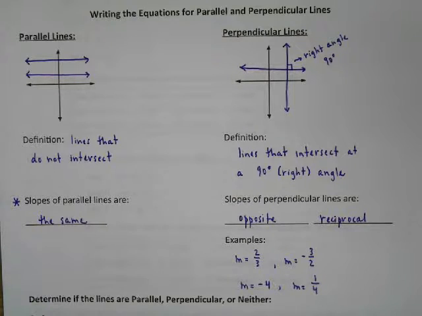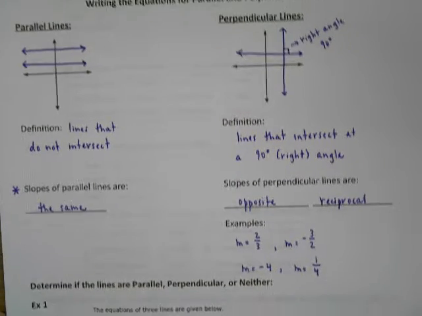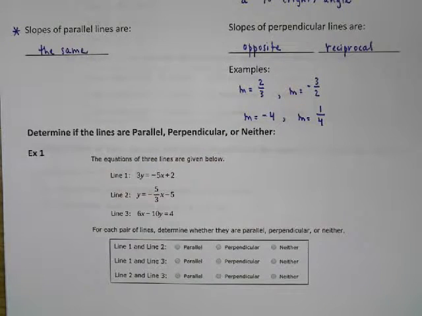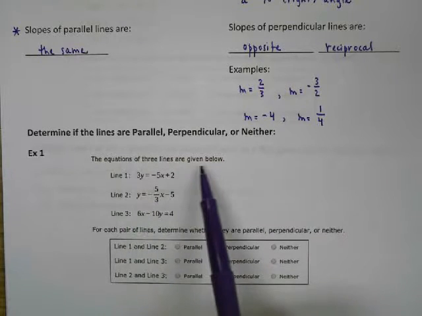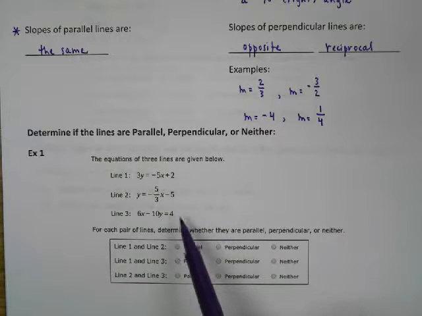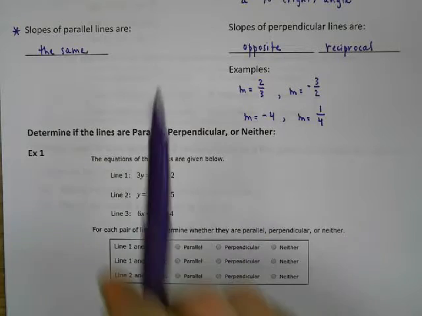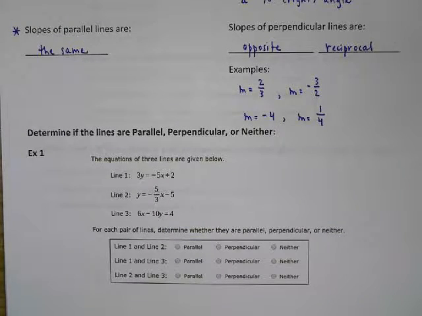So part of the work we're doing today is determining if a pair of lines are parallel, perpendicular, or neither. So that's what we're going to look at in this first example. Now, one thing to be aware of, you can see in this example I'm given the equations of three lines. We said the key to this is in looking at their slopes. So before we compare slopes, we need to make sure that all three lines are in slope-intercept form.